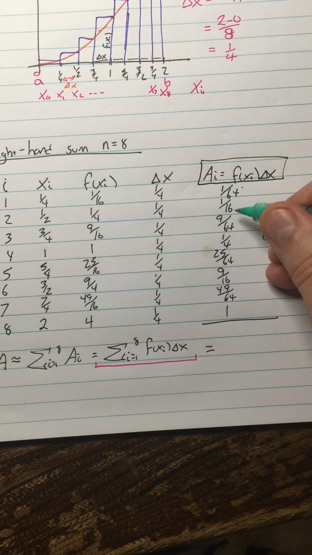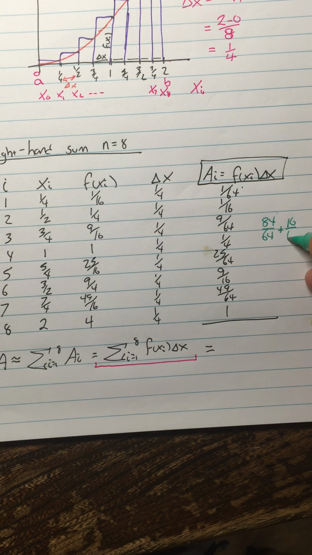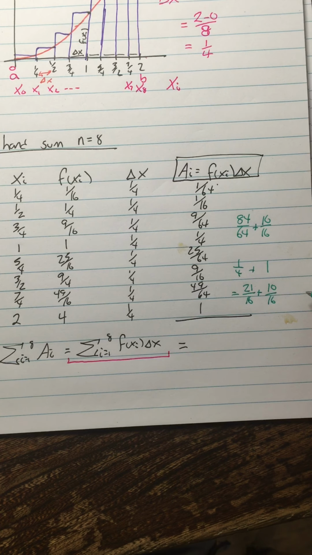All right, I got 1/16 and 9/16, so that gives me 10/16. And then I have 1/4, and I have a 1. So then I said, okay, look, 84/64 conveniently reduces to 21/16, and then my 10/16, and so my natural common denominator here is going to be 16ths.